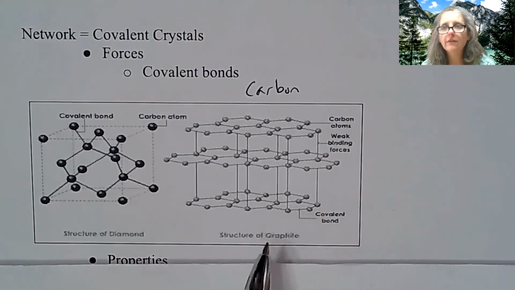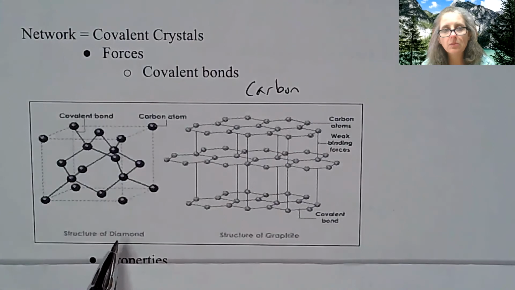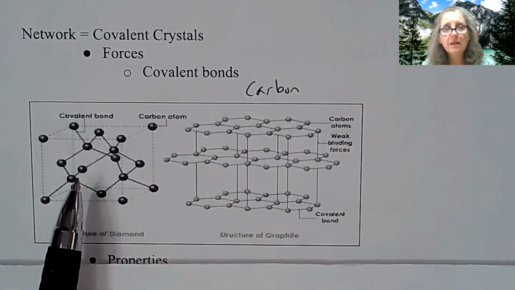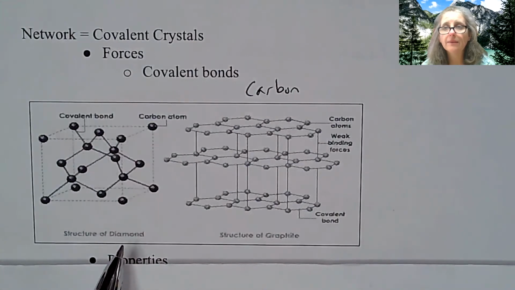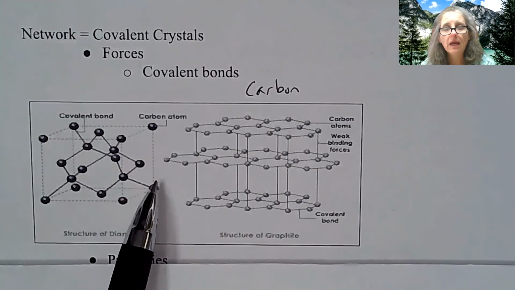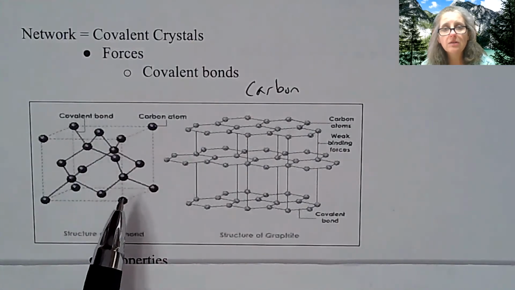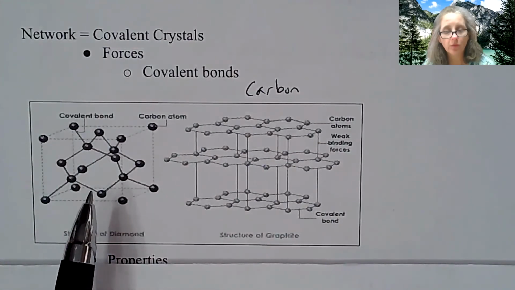So if you know graphite in your pencil lead, it breaks very easily. But if you organize the carbon atoms into what we call a covalent network solid, the carbon atoms in a diamond are all interlinked. Yes, it is still considered a covalent bond, but you have a stronger force.